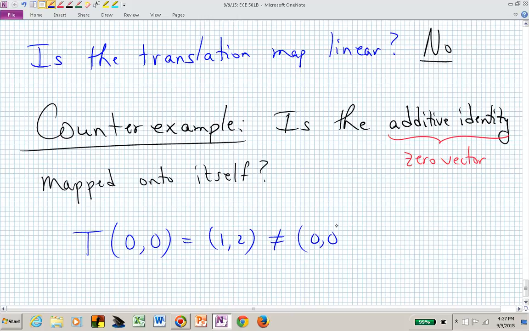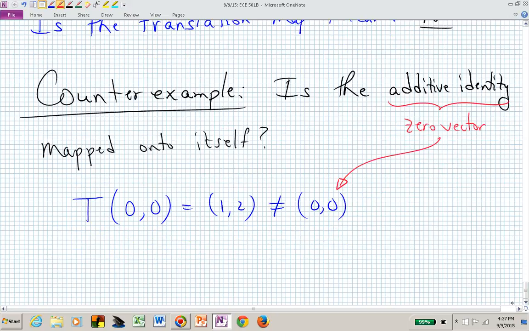I think it's clear that that's not the zero vector in this R2. And in fact, that verifies that this map does not satisfy the homogeneity property when this zero vector does not map into itself.